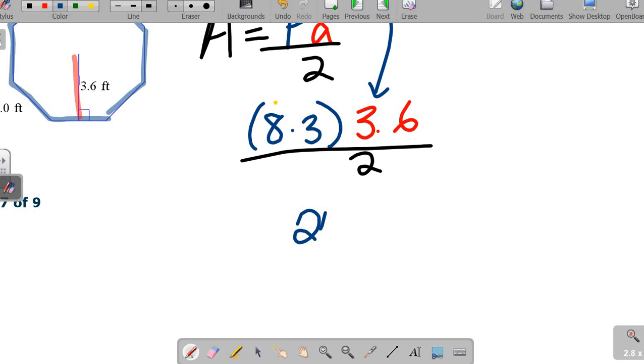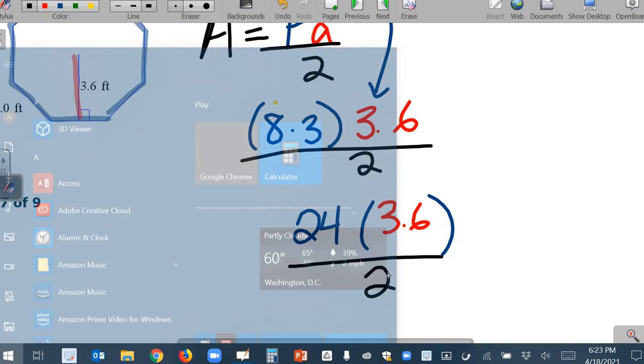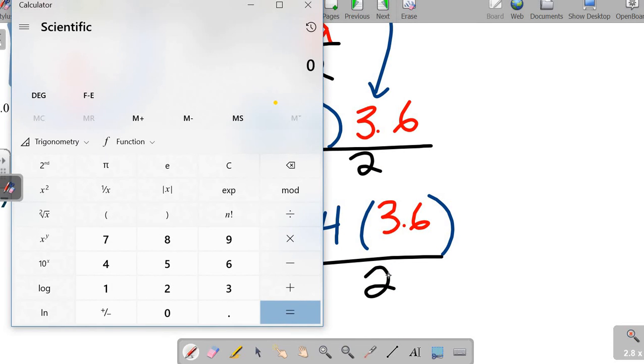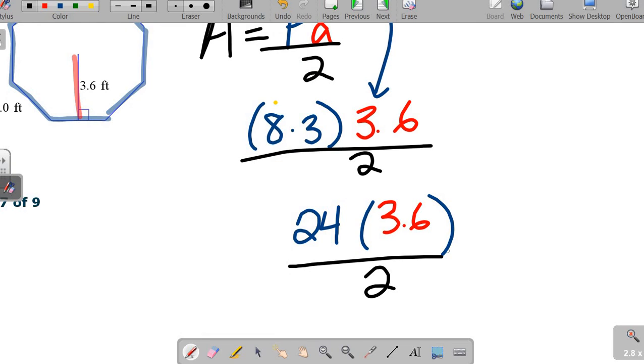So of course, that's 24 times 3.6 over 2. 24 times 3.6 divided by 2, and we get 48.6. That does not look like a point. Let's try this again. 48.6 feet squared.